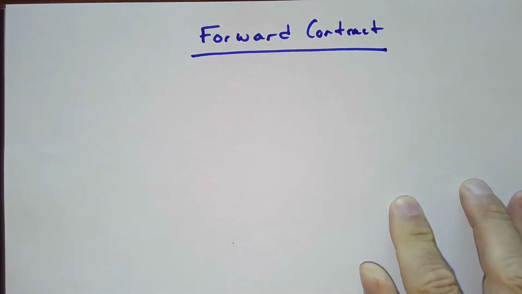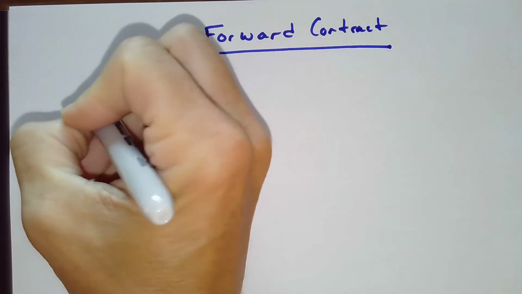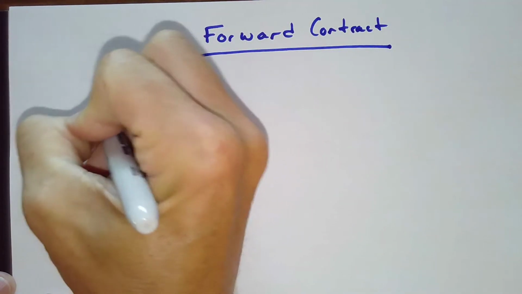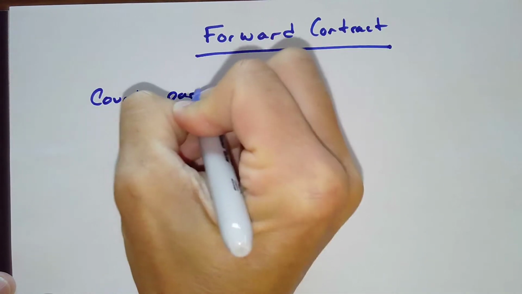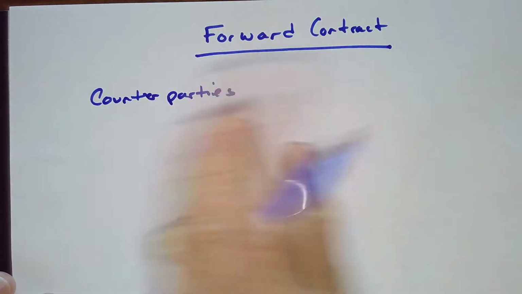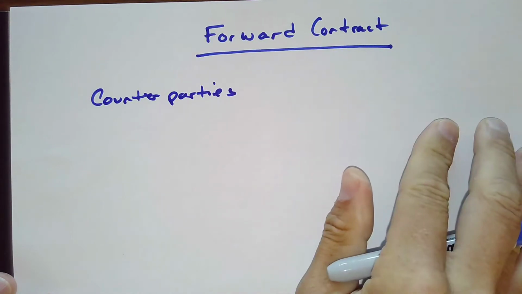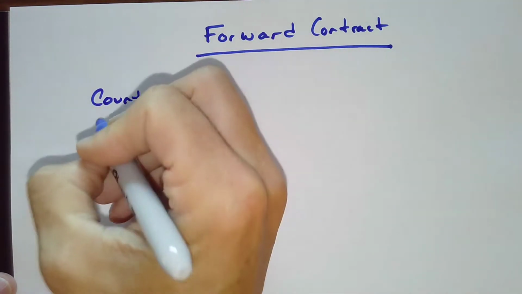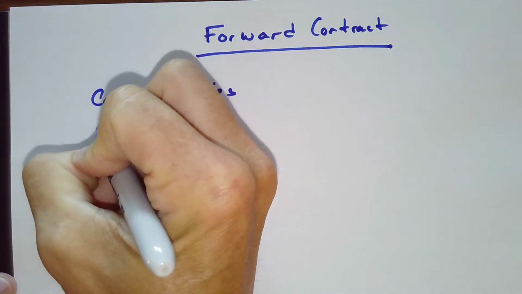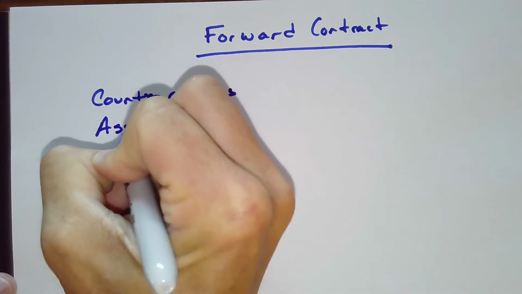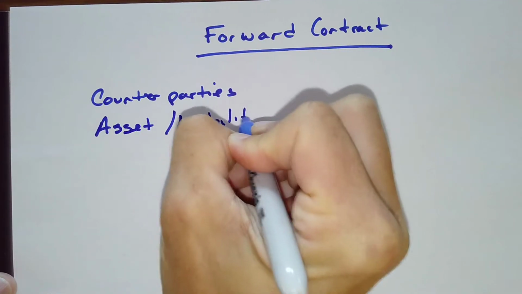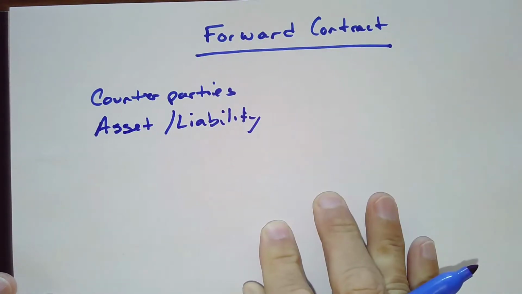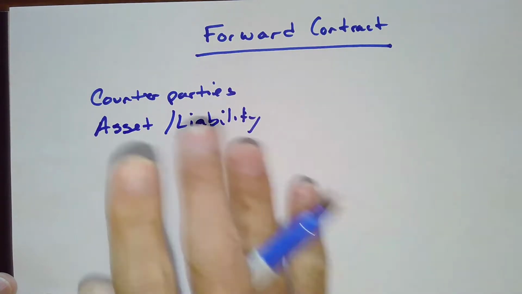And let's think about what the variables are going to be. Well, we're going to have the counterparties. Who is buying and who's selling. So we need to know that. We need to understand what is the asset or liability. That is part of, what is it that we're trading?